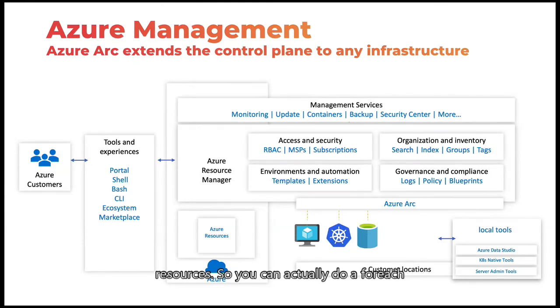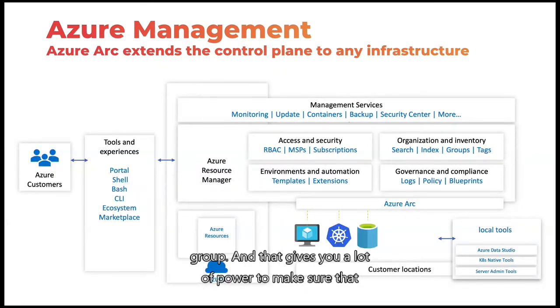So you can run a for each VM and do a specific audit trail, or perform a compliance check. When you run a for each on Azure VMs, even the external VMs that are registered through Azure Arc show up in the same resource group.